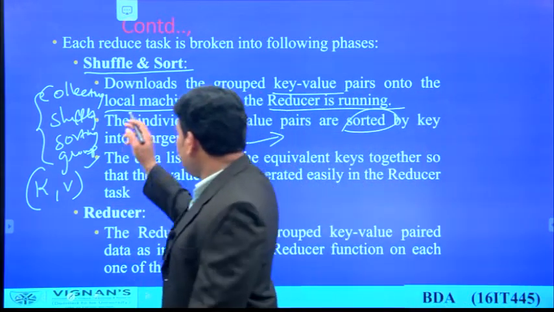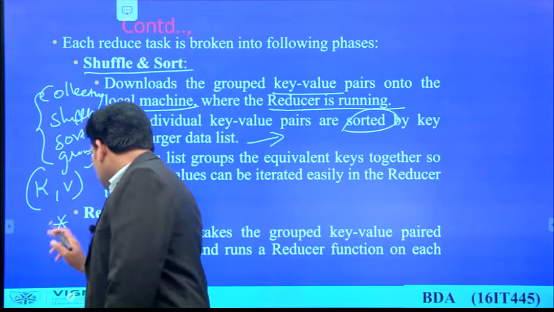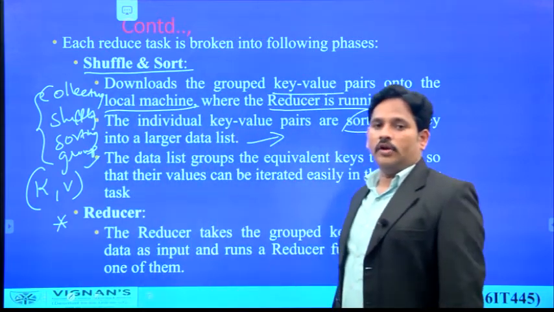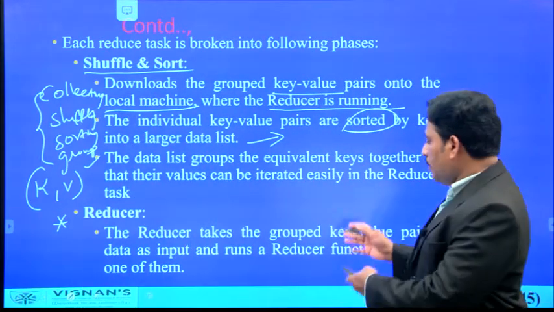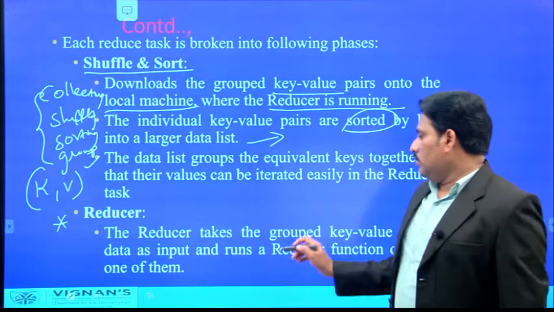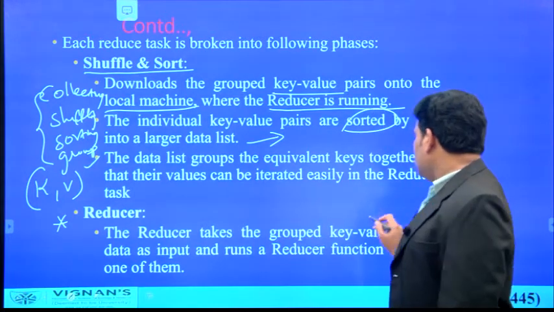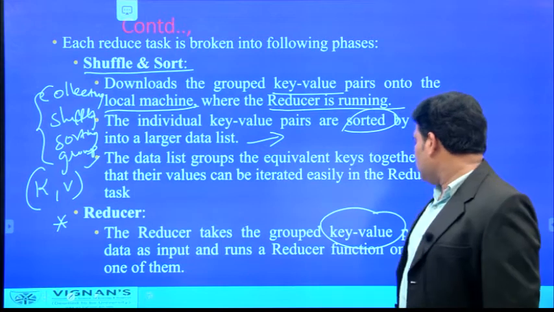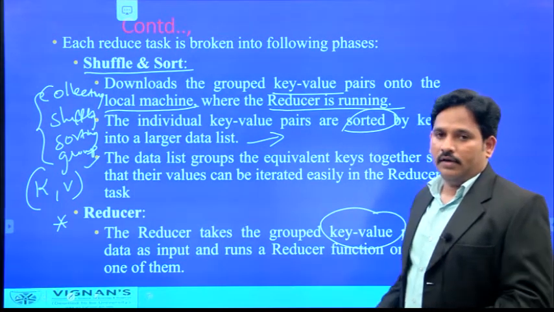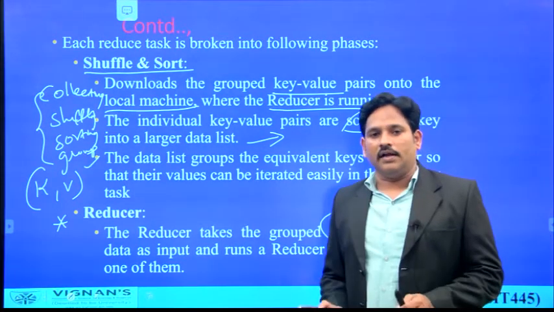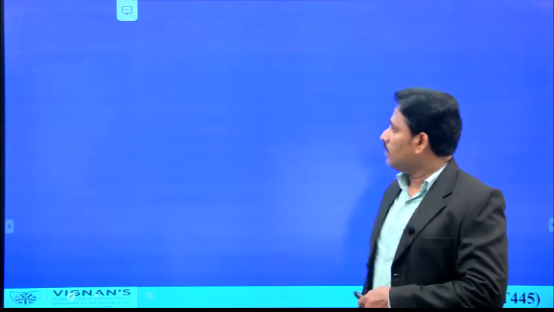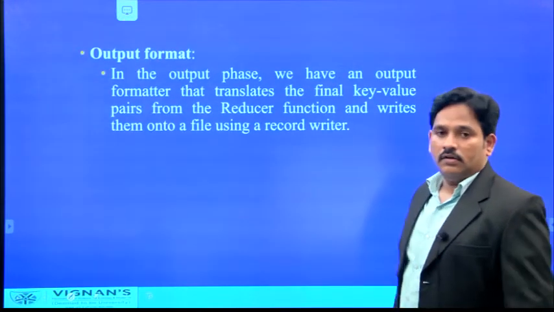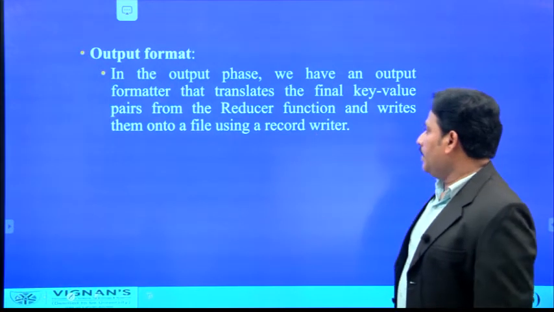After completing shuffle and sort, we can move to another module called reducer. In this reducer module, the reducer takes the grouped key value pair information. It will try to combine the data. Here the reducer will not delete the data, it will merge the data. And finally, output is going to be generated.